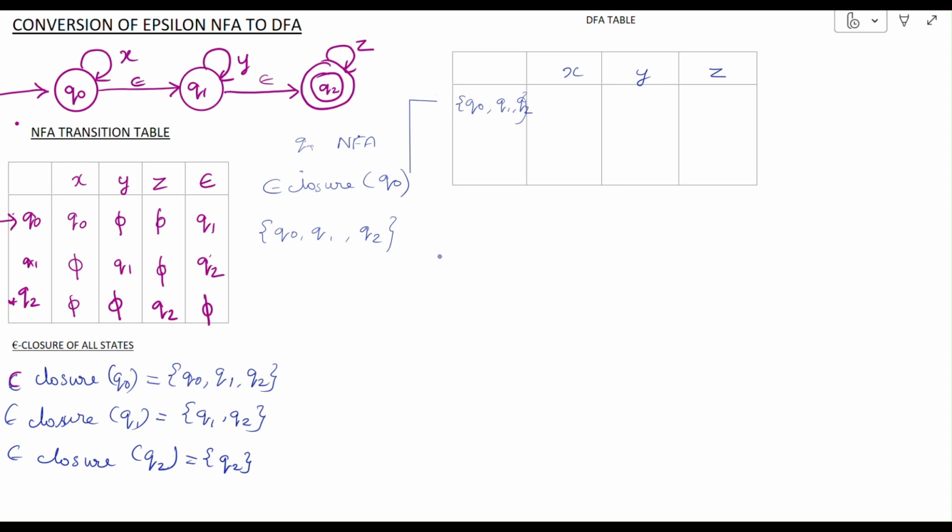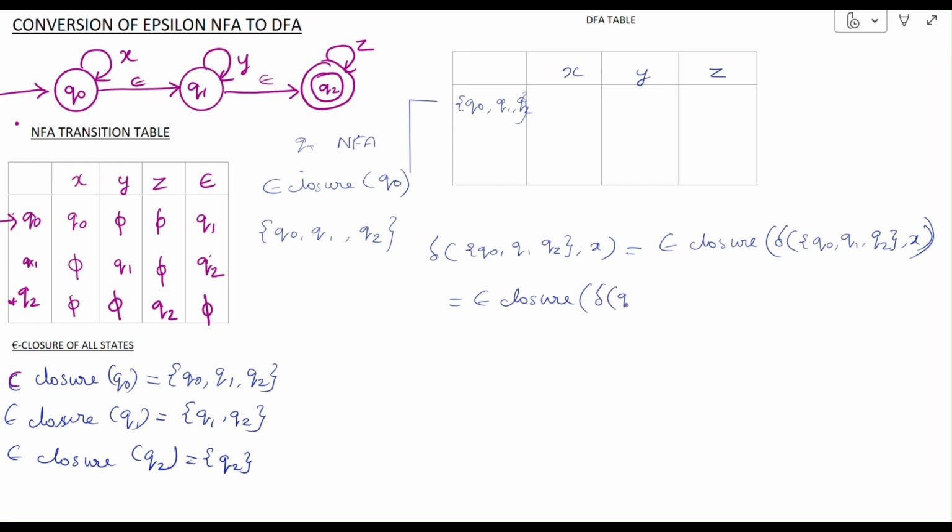The transition of Q0, Q1, Q2 on X is the epsilon closure of delta of Q0 comma X, union delta of Q1 comma X, union delta of Q2 comma X.